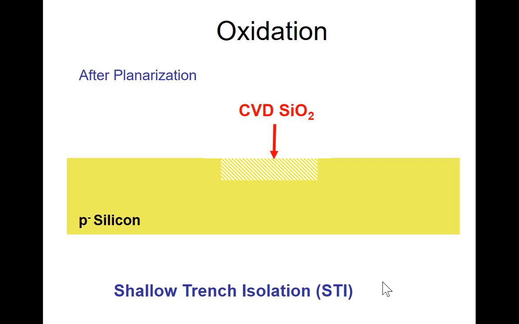So you cut this trench, and then you deposit the silicon dioxide into the trench. Whereas before, you just expose this area to oxygen and bake it at a very high temperature, and the oxygen and the dioxide just go wherever they want to go.